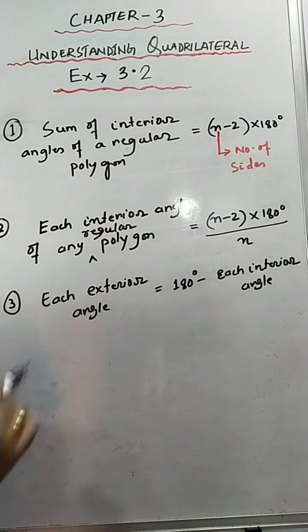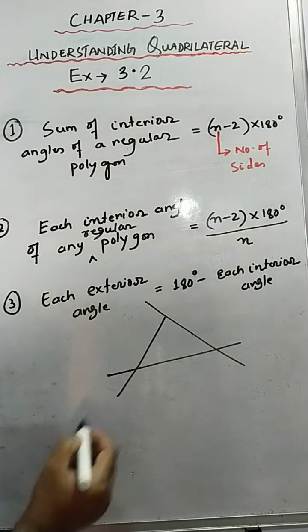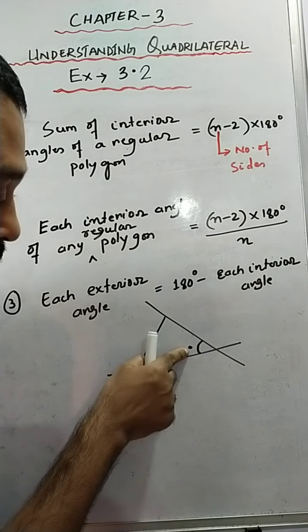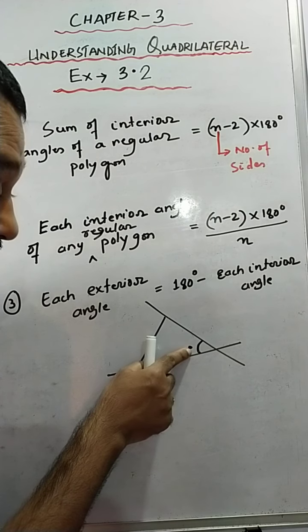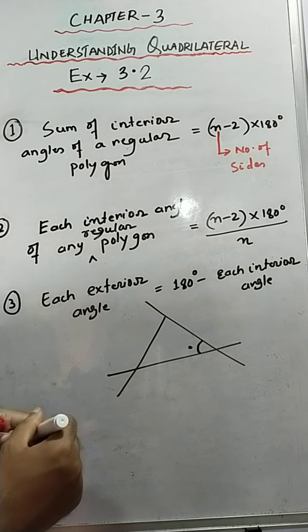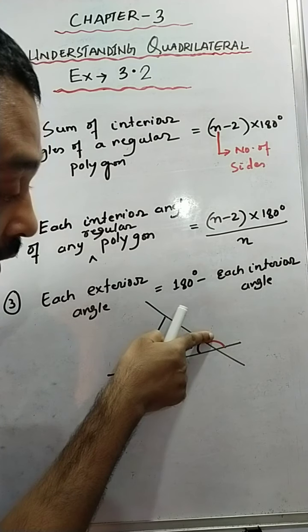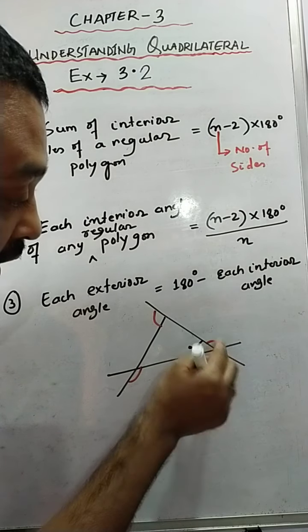Okay, now why 180? Let me just explain to you. See this figure properly. Now suppose in a triangle, you already know this angle. This is one of the angles of a triangle, that is each interior angle. Now suppose I have to find out this angle. So this is one of the exterior angles, because there are three exterior angles, isn't it? So I am getting the value of each exterior angle.